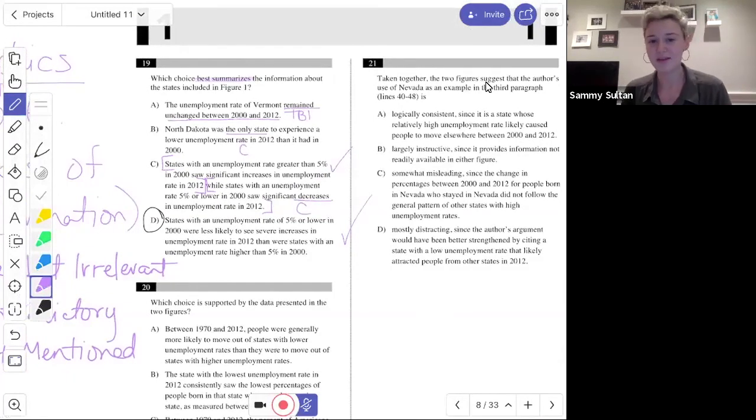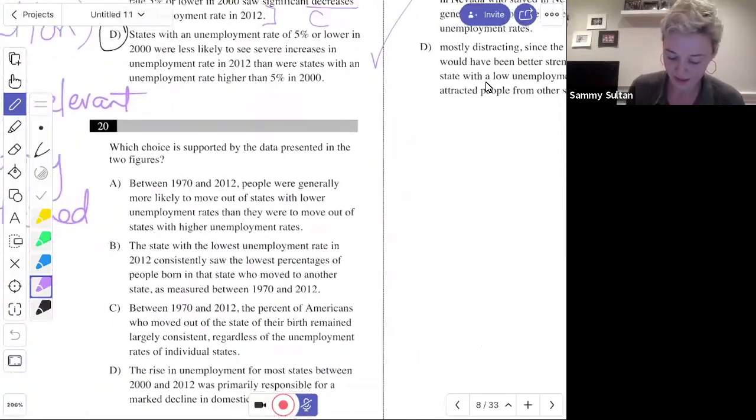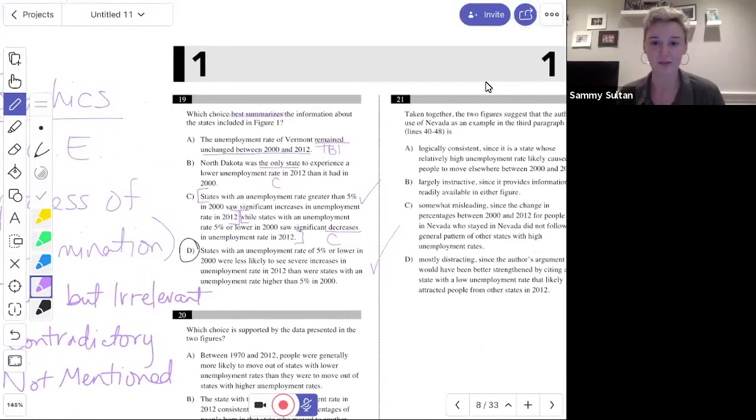So if you're really scrounging for time at the very end of a reading section, and you have the option to answer a graphics question like number 19, or even like number 20, where it's only asking about the charts or the graphs and not the passage in particular, those might be a good investment of time as opposed to reading the passage and maybe having time to answer one question half confidently.